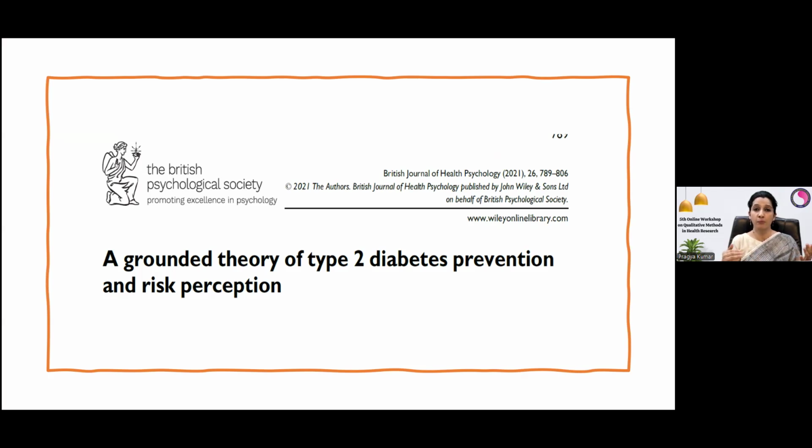They are more into eating sweet things, and they say, what will we do, how will we live if we don't eat sweet. So they are not perceiving diabetes as the disease it is. It is a very interesting read. So these are 2 examples of grounded theory.